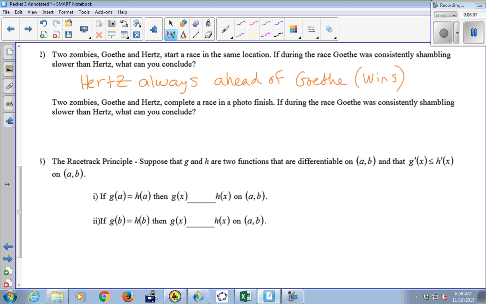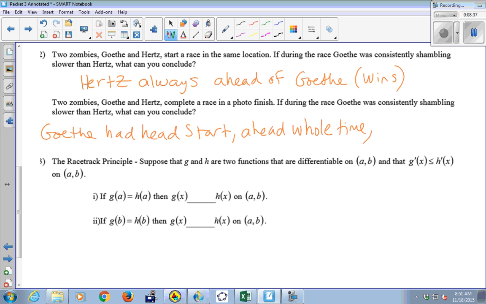And then that means that Hertz was behind. So Hertz is my right hand here. So Goeth had a head start, Hertz was behind, and then Hertz catches up, right? He's getting closer and closer and closer, and then they finish at the exact same moment. So Goeth was ahead the whole time. Goeth had a head start. Ahead the whole time.